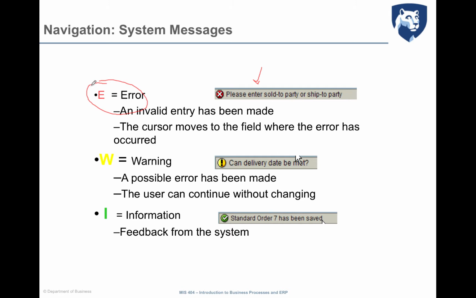So E in red means that you need to solve something, which is different from the W in yellow, which is a warning. I mean, the system is perceiving that some things may be wrong, but this is not something that is constraining the system and doesn't allow you to go on with your inquiry to the system.